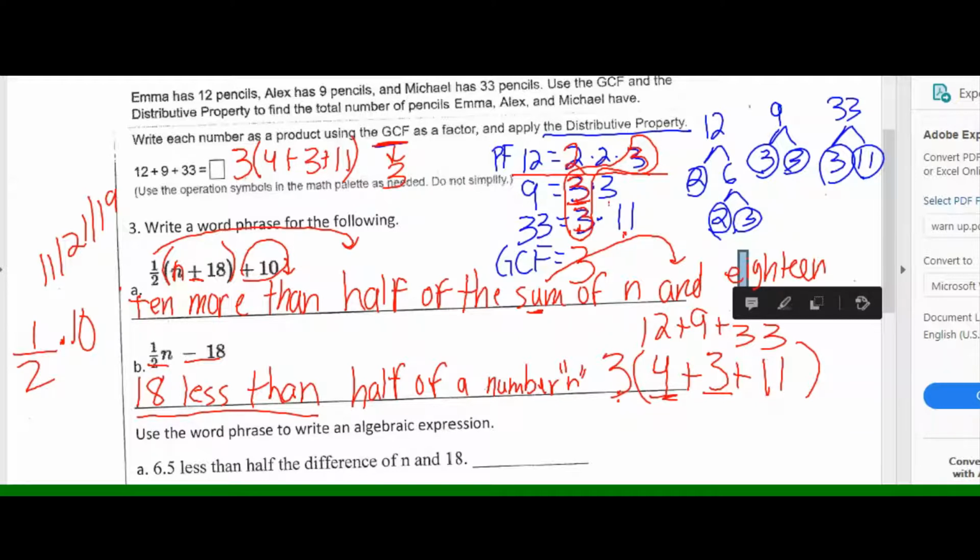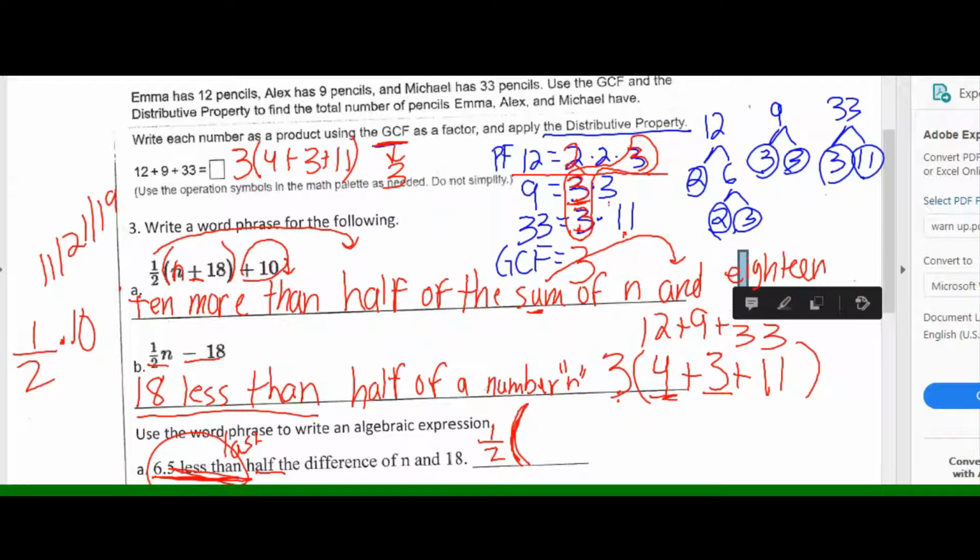The next one, use the word phrase to write an algebraic expression. 6 and 5/10 less than half the difference of n and 18. So we have half the difference. So 6 and 5/10 less than what? That means this goes last. So we start with half the difference of, remember difference of, you need to put it in parentheses.